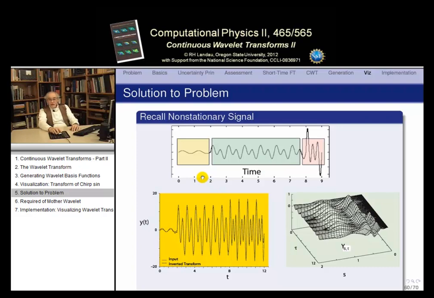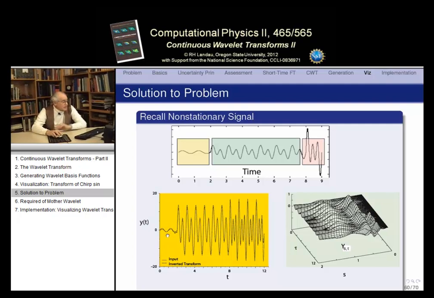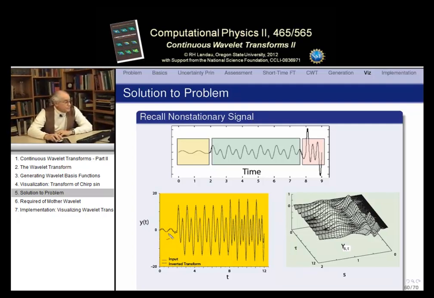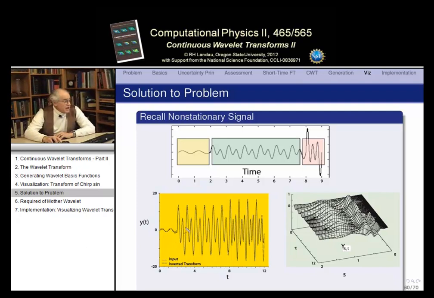This, recall, is our original signal: 3 boxes, 3 functions in time. And now, down here, we have in yellow what comes out of the computer program. So this is the input, the solid line, which is in fact the same as we have up above.